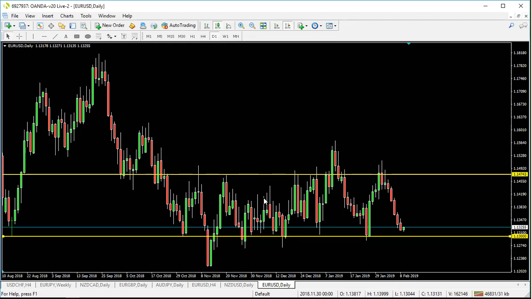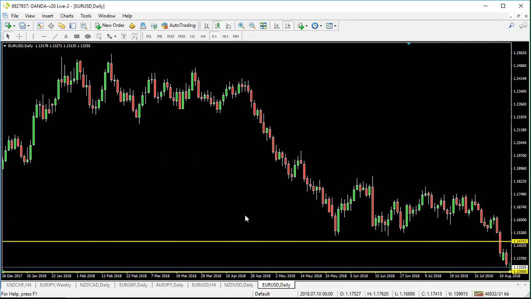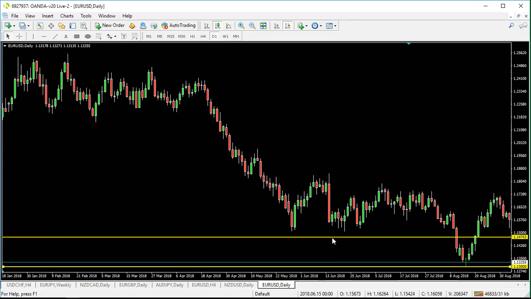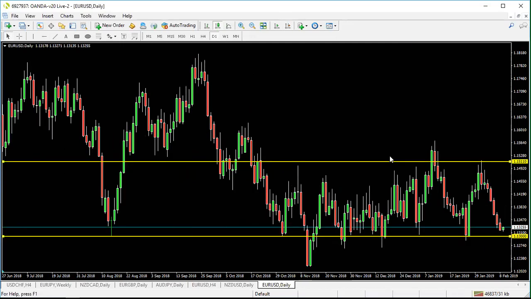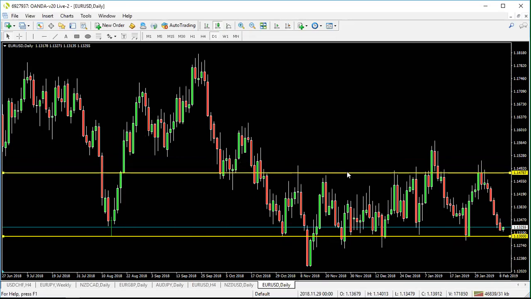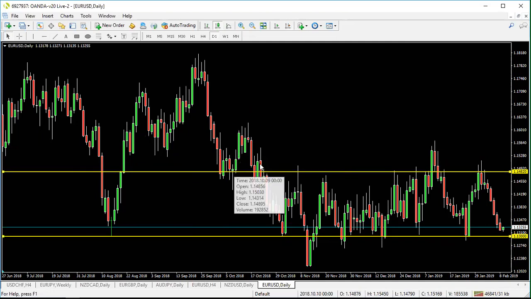I like right there, around this area. Current price, I like this better. You can see it hit, rejected, rejected, broke through, became resistance, rejected, rejected, rejected, rejected.